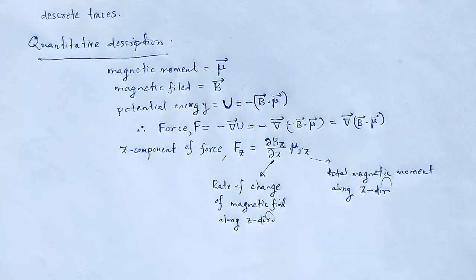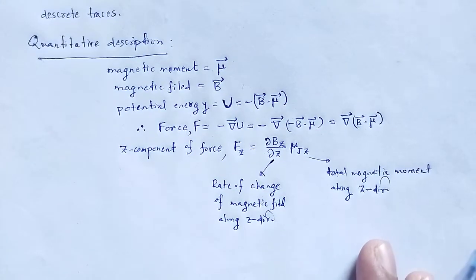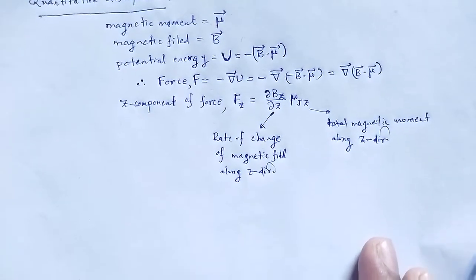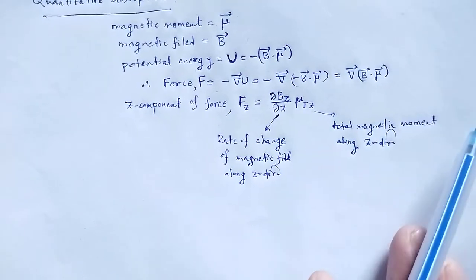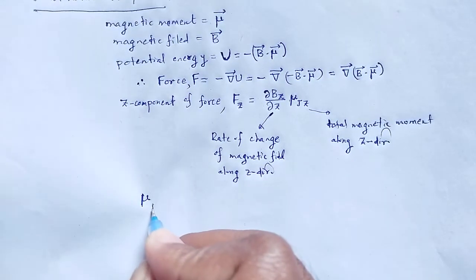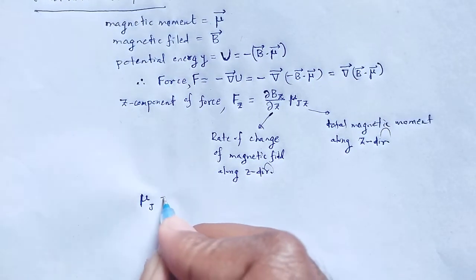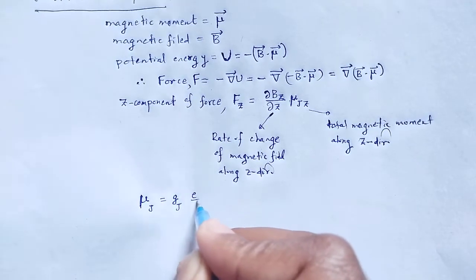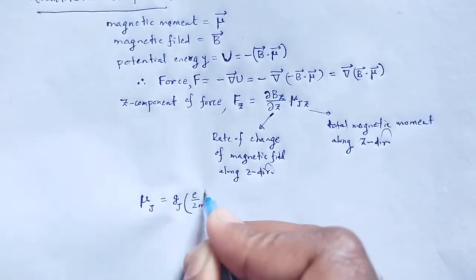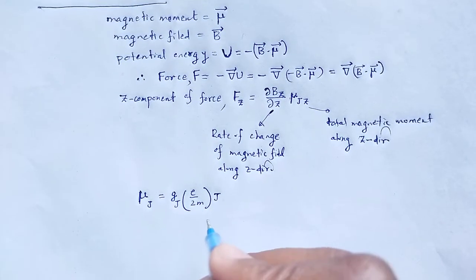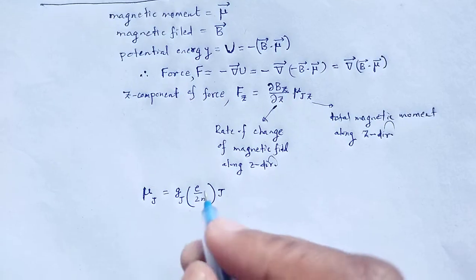Now what is mu j? Mu j is gj e by 2m into j. These were discussed earlier.